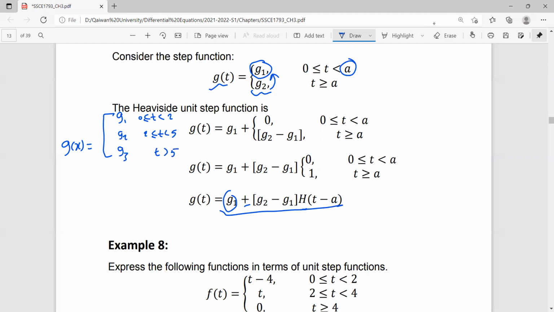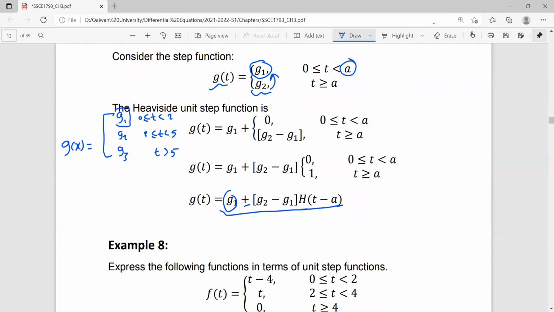If you have three functions in the step function, to convert this step function to a unit step function, what do we do?